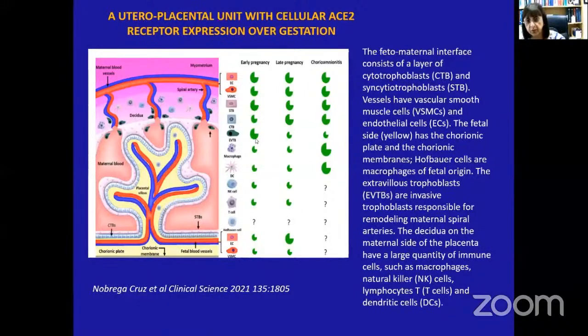So there is a differential expression in early and late pregnancy, as well as in chorioamnionitis, where you have certain cells overexpress ACE2. So chorioamnionitis in and of itself is a risk for the mother to develop placental inflammation.